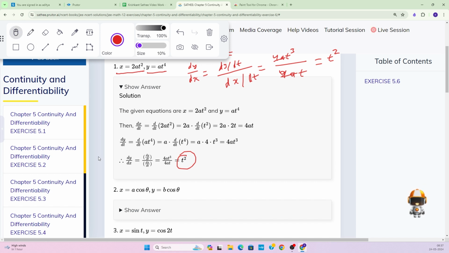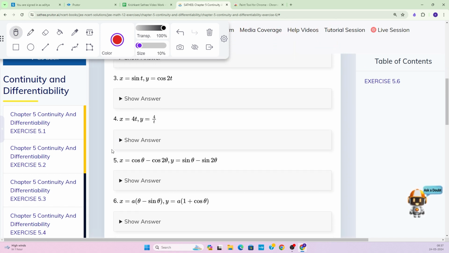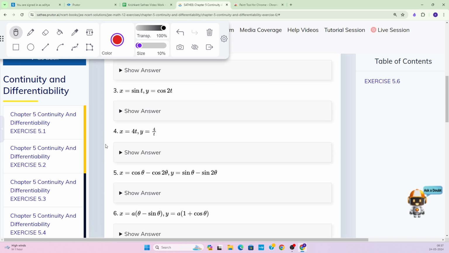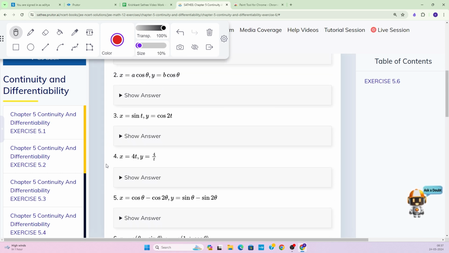Now for the second question, we have to do the same thing. Here dy over dx is equal to dy over d theta divided by dx over d theta, since our parameter is theta. So it will be minus b sine theta divided by minus a sine theta.